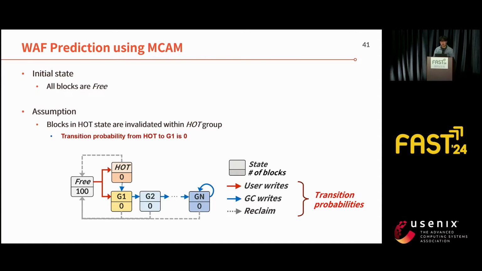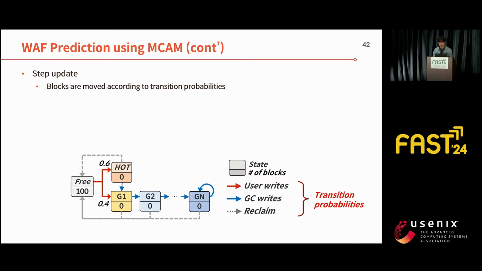Then I'll explain how to predict WAF using MCAM. First, the initial state is set such that all blocks are in the free state. Here, the only assumption is that blocks in the hot state are always invalidated within the hot group. This means the transition probability from hot to G1 is 0. From the initial state, we proceed with a step update of MCAM.